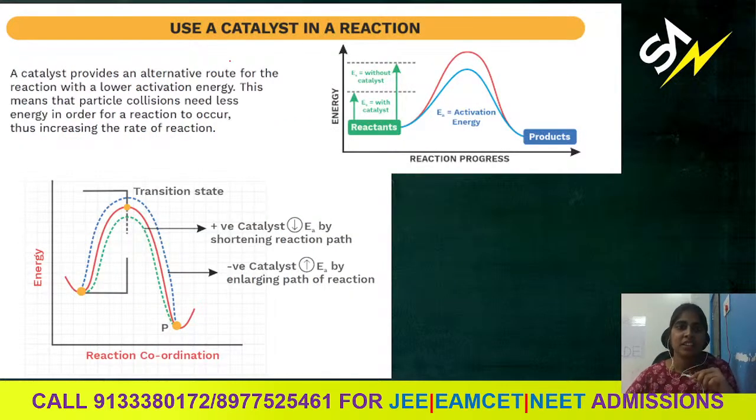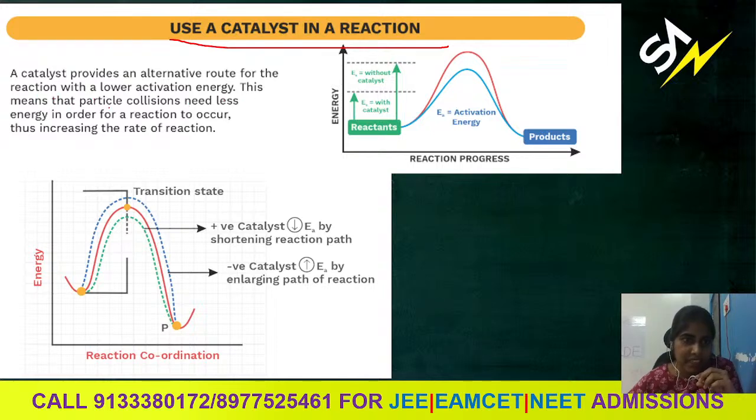Next, use of a catalyst in a reaction. If we use a catalyst in a reaction, obviously it will increase the rate of reaction, but there are some types of catalyst. Let's see in detail. A catalyst provides an alternative route for the reaction with a lower activation energy.